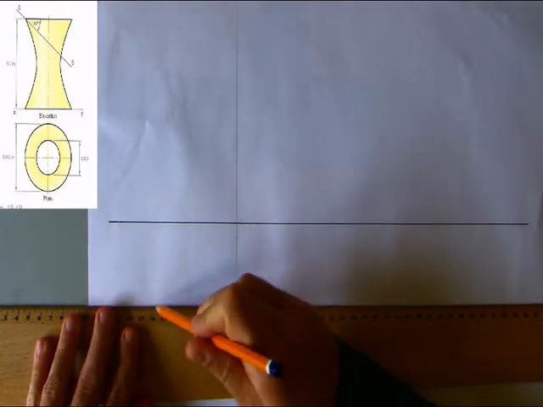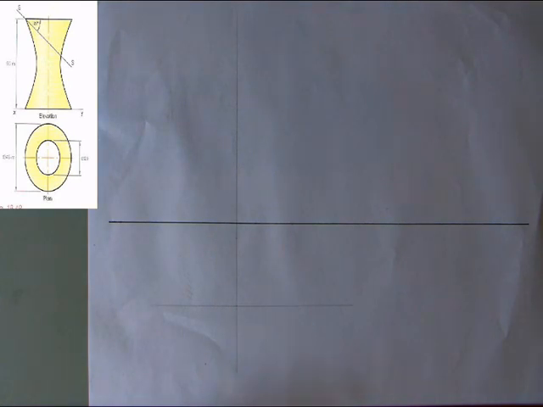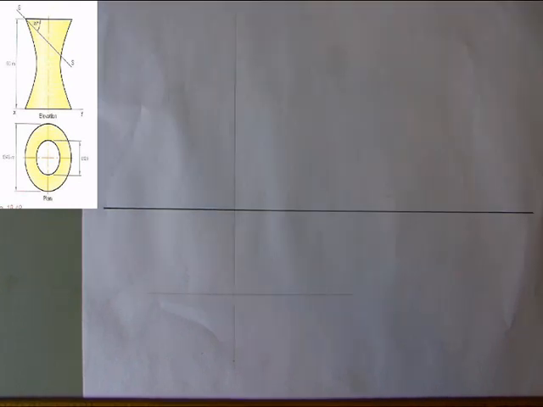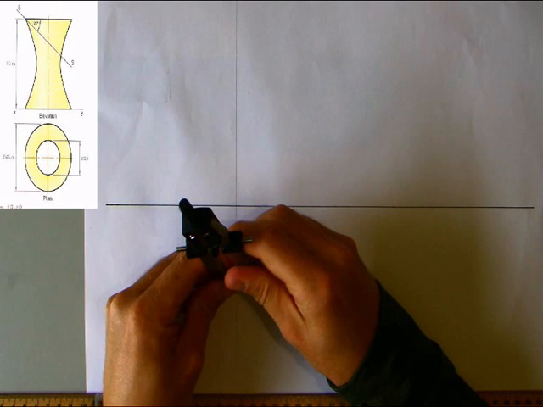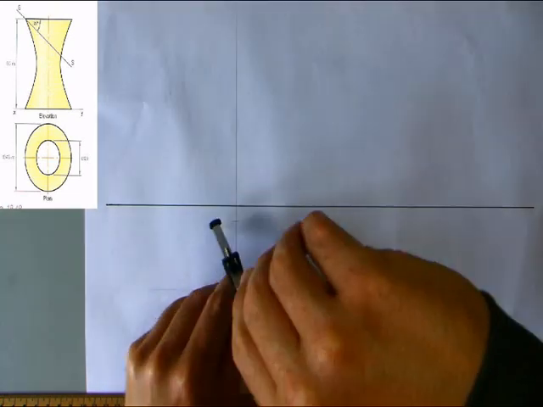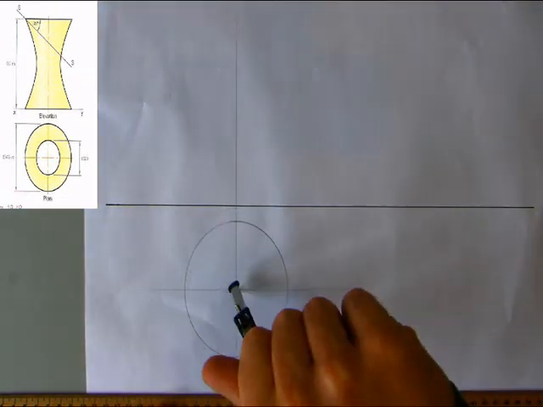So this is the very central axis. If we set up our compass to this central point and to our diameter, that gives us our base circle and our top circle.